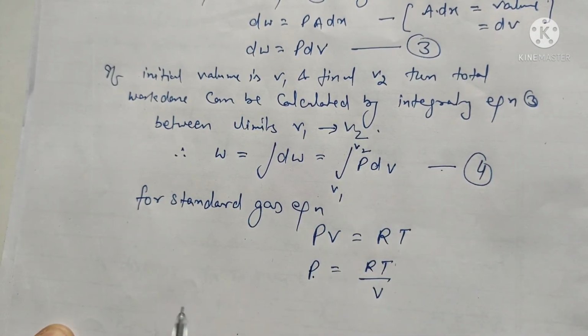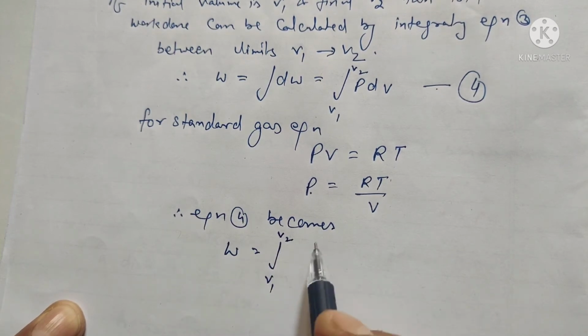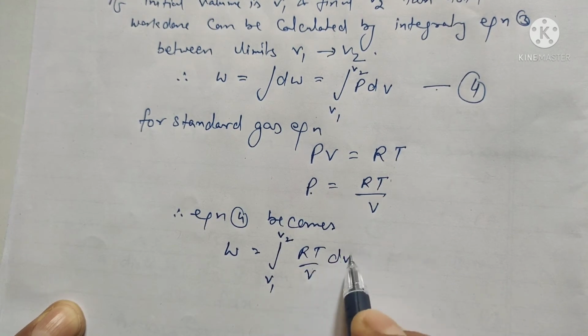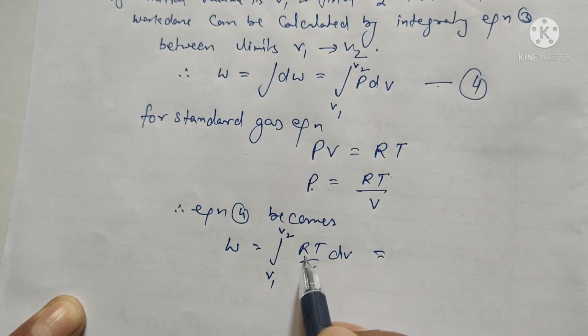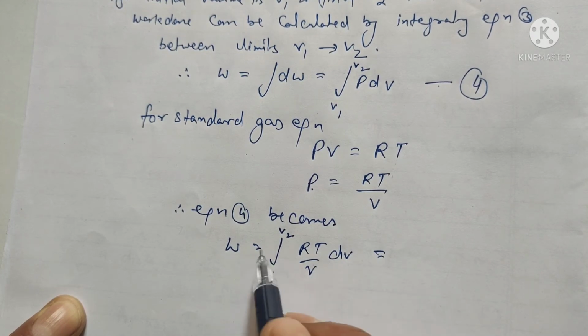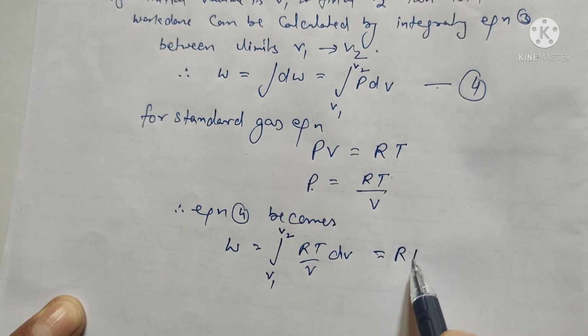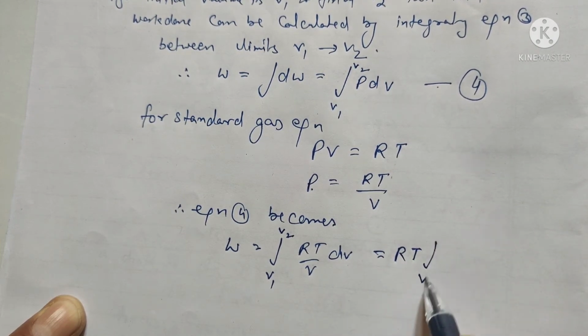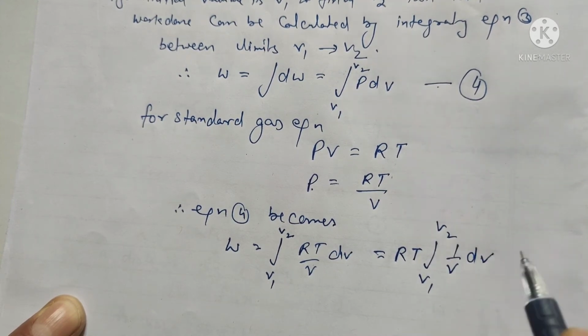So equation 4 becomes W equal to integral from V1 to V2 of RT over V dV, and this is equal to, here RT is constant, taken outside from the integration, so this becomes RT integral from V1 to V2 of 1 over V dV.